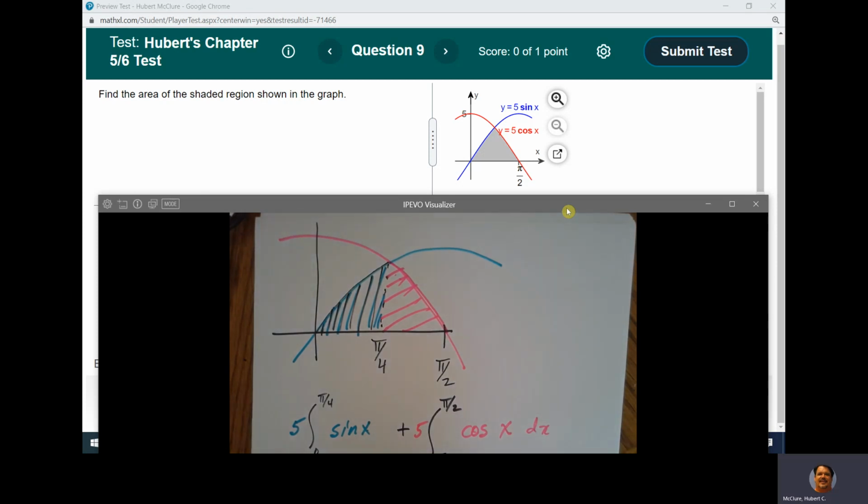And that's nothing but looking at your cheat sheet for sine and cosine, and then plugging and chugging in your calculator.